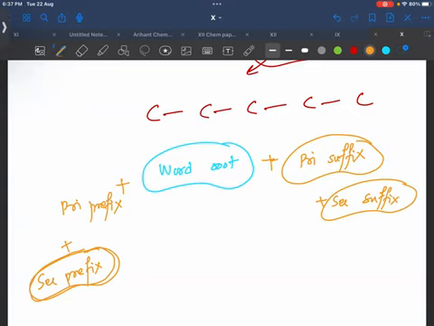Okay. Check in your notes. Hriday, check your notes. Shivansh, tell me what you get from secondary prefix. Did I discuss this first of all?